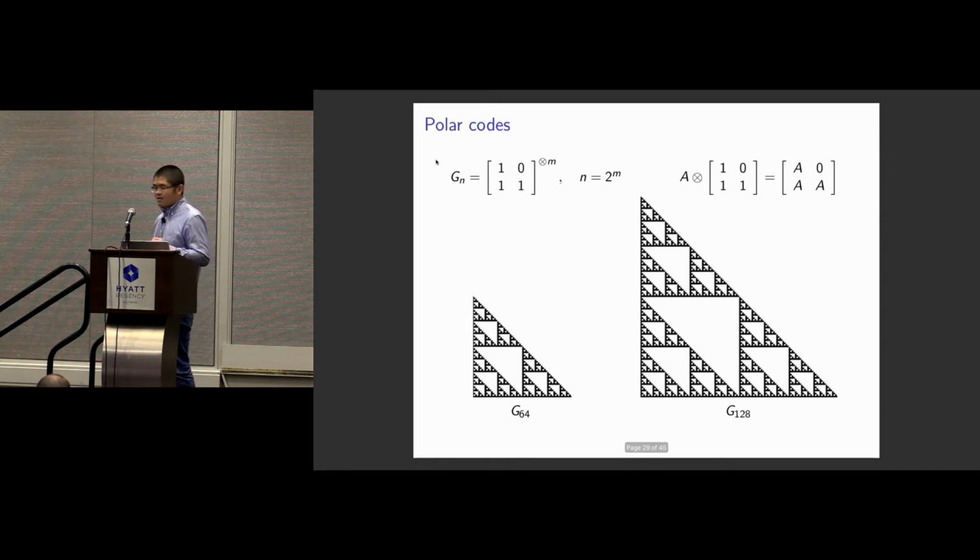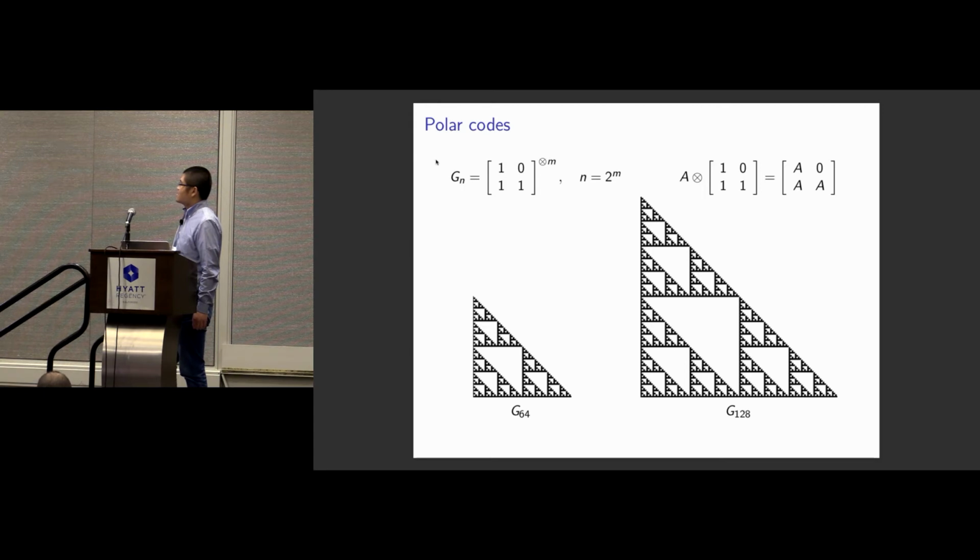Okay. So here, let me give you a visual illustration of the matrix Gn. We put a small black square at all the places where it is 1, and we leave it blank for all the places where it is 0. Okay, so this is an illustration of G64, and this is an illustration of G128.